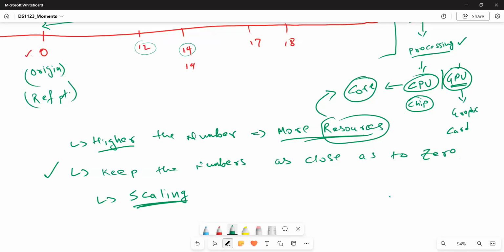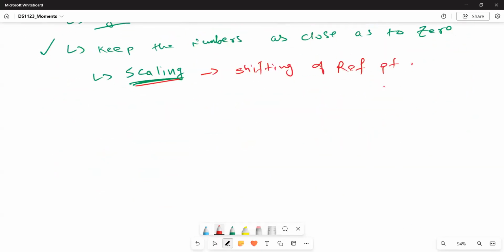So in the scaling part, the shifting of the reference point that we are talking about is basically the scaling that we are going to do on our data. The min-max scaling we have done, if you remember, we discussed the topic of normalization, when we want to scale the data in percentiles.